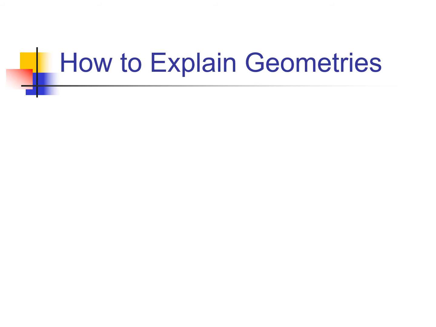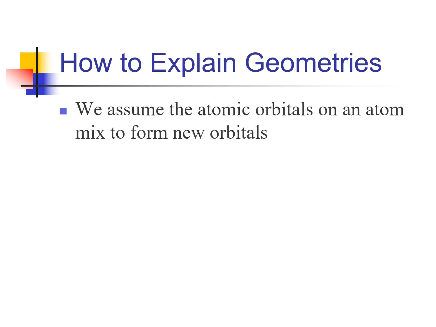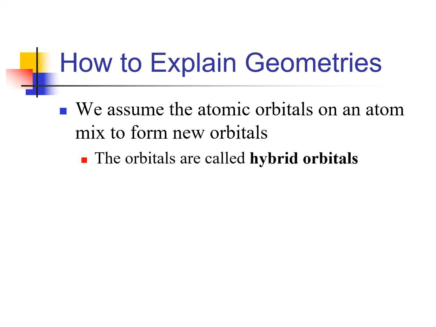So how do we get those weird geometries that we see? Well, what we actually assume happens is that the orbitals in an atom reform and mix to form new orbitals. We call those new orbitals hybrid orbitals. And those hybrid orbitals exist purely for the sake of bonding.